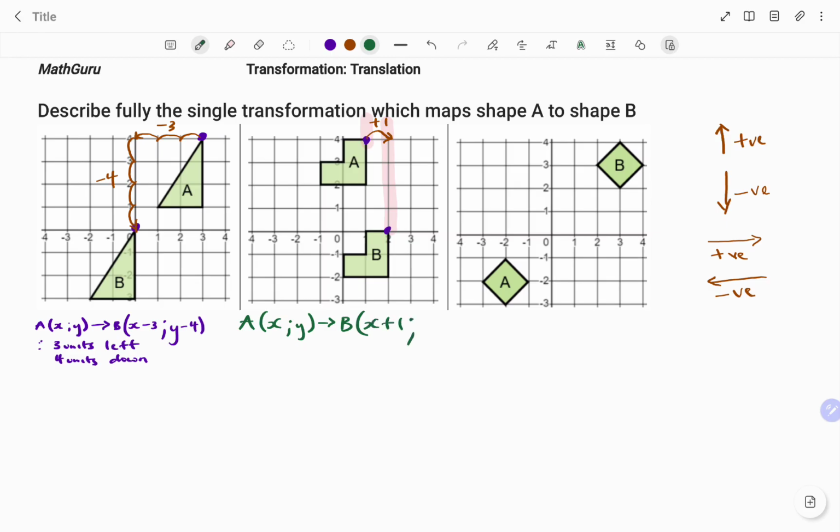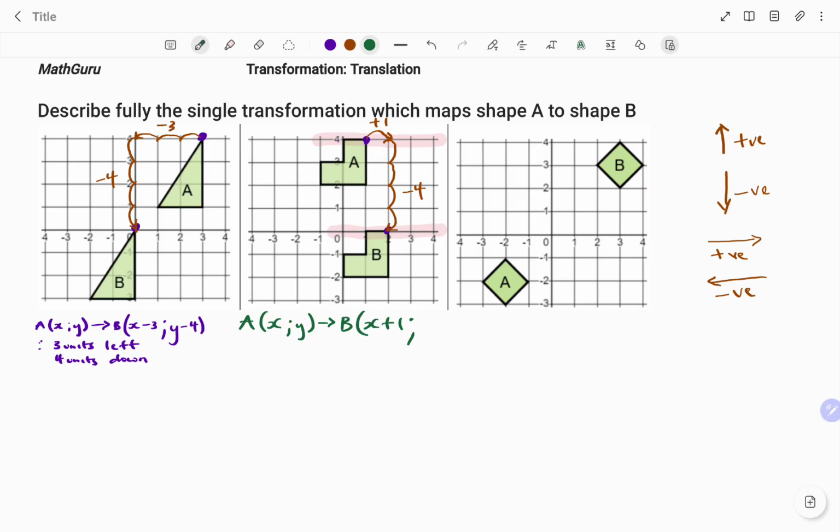And in order to find how many units I've moved, upwards or downwards, I will highlight as shown, and I can see that from there I've moved 1, 2, 3, and 4 units downwards, and because it's in a downward direction, that's -4.